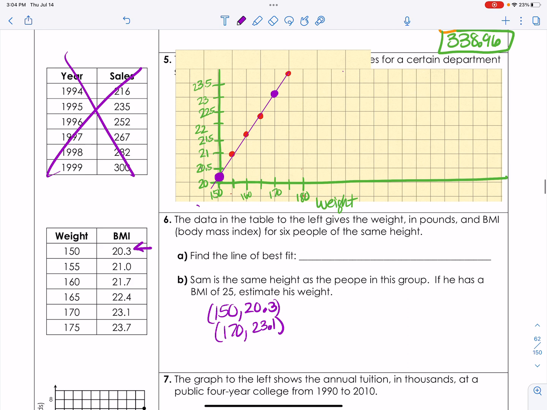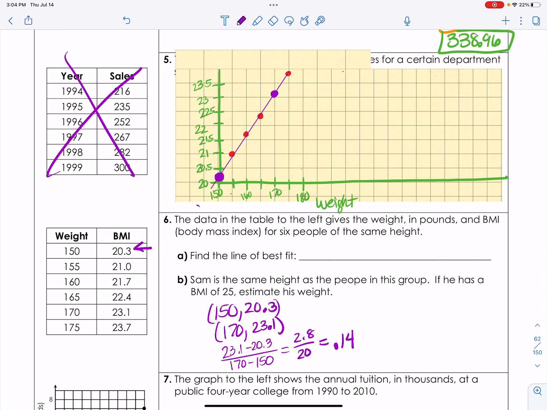So you're going to find the slope: 23.1 minus 20.3 over 170 minus 150. I'll take out my handy dandy calculator. 23.1 minus 20.3 is 2.8 over 20. Now this is a story problem, so I'm okay if you put this as a decimal. I got about 0.14.